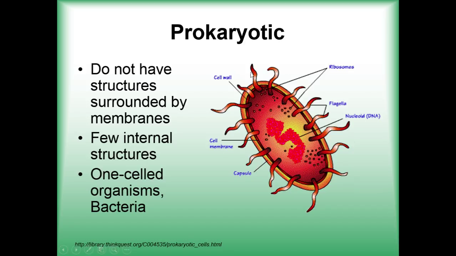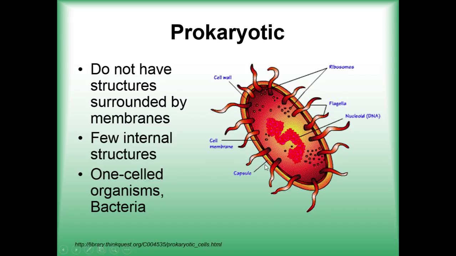When we look again at this model, not all bacteria have these outer features. All of them have a cell membrane, all of them have a cell wall, all of them have cytoplasm and what we call a nucleoid, where the DNA is located, and all of them have ribosomes. But some of them have special features, such as these little pili or flagella that help them attach to surfaces and help them move in fluids.